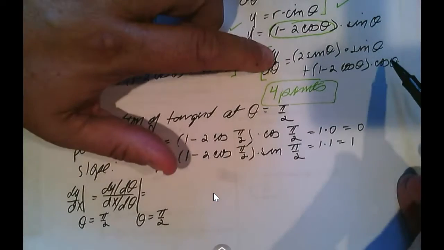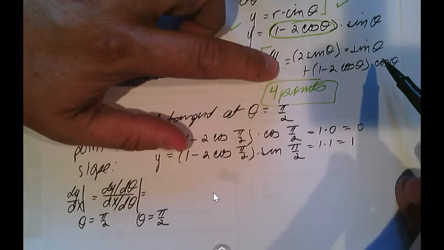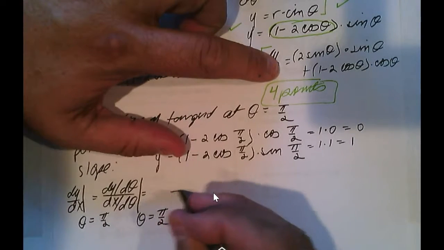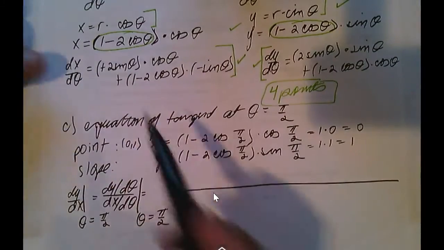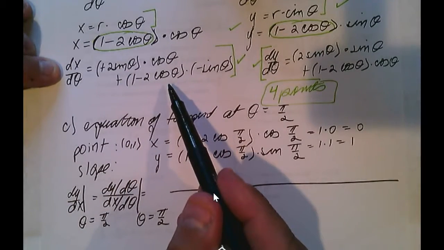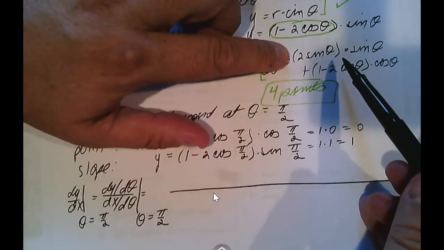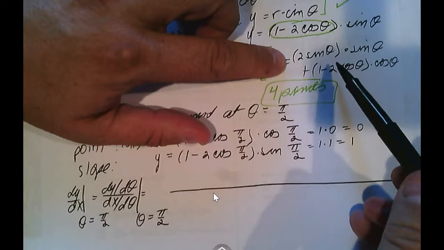So I'm going to take my dy/dθ expression and plug in π/2 for θ. And then in the denominator, you're going to go to dx/dθ, and everywhere you get a θ, plug in π/2. Okay, let's take advantage of the fact that we've got some trig skills here. 2 times sine of π/2.